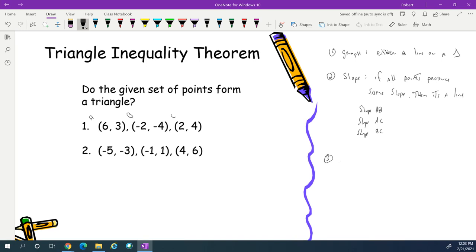And option 3, distance formula, then test the theorem. So we'd use distance of AB, distance of AC, distance of BC.